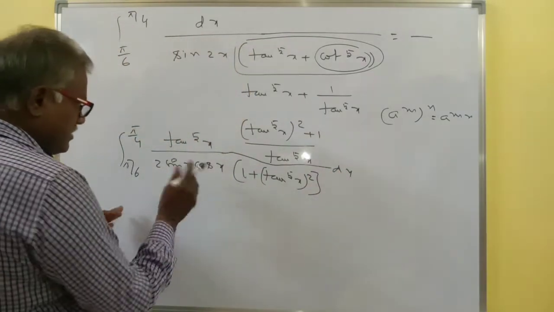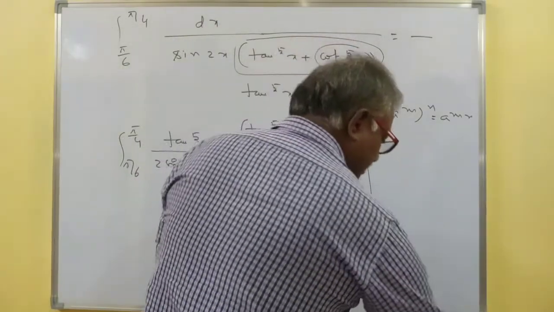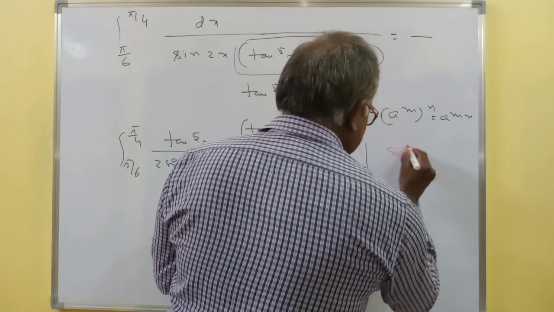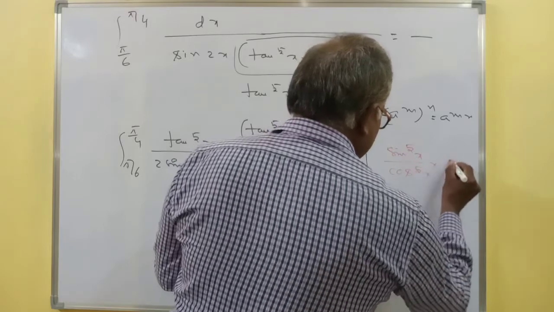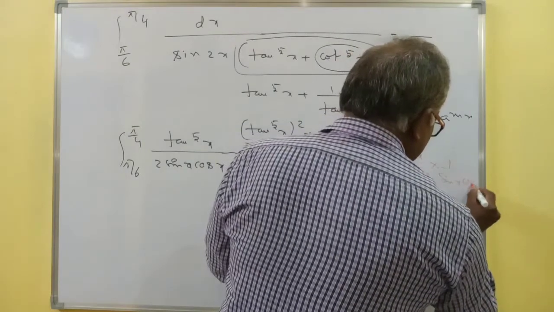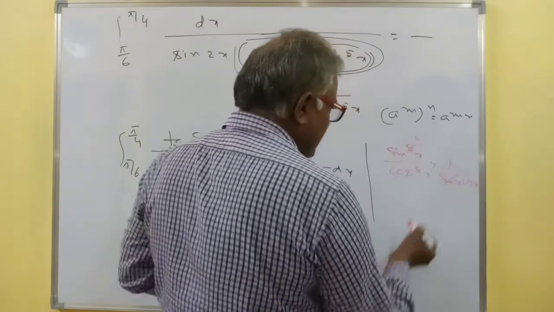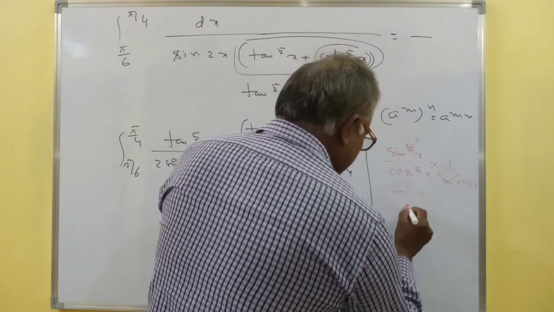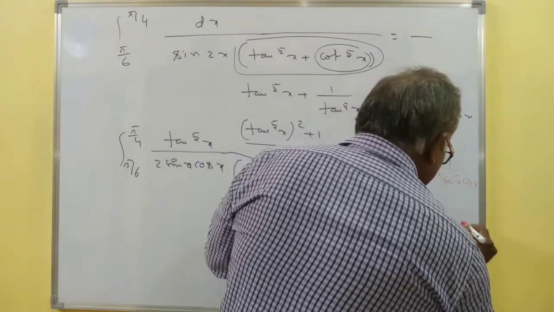Now we have to simplify this one. Tan^5 x means sin^5 x by cos^5 x, into, under the denominator, sin x cos x. Here sin gets cancelled, giving sin^4 x by cos^4 x into cos x, into 1 by cos x.